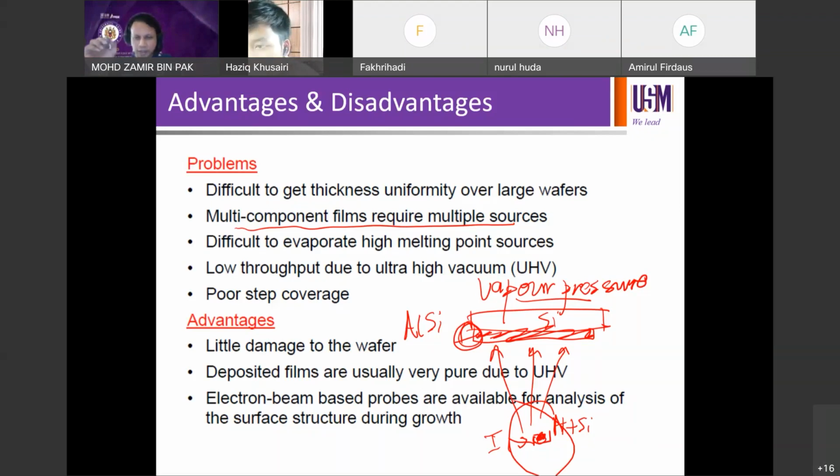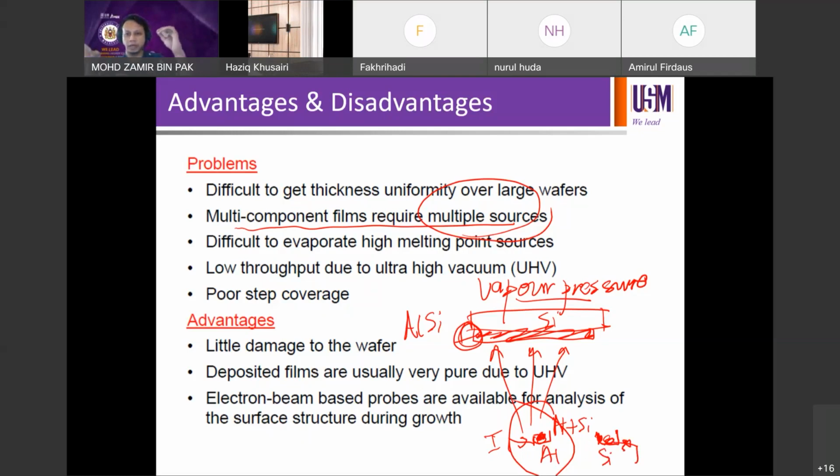So that's why when you run an evaporation process, you need to use multiple sources for multiple materials. That means instead of having one point source, you need to have 2 points. 1 point controls aluminium, 1 point controls silicon, and each point is controlled by a different level of current.